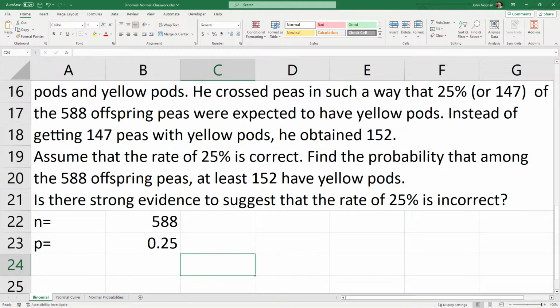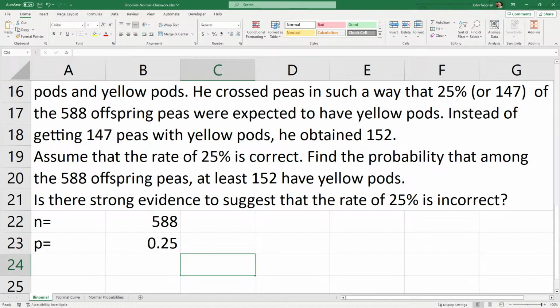So then we need a probability statement. So here, and this is a little bit confusing, the probability statement is going to refer to this: at least 152 have yellow pods. So we want to know, what are the chances?